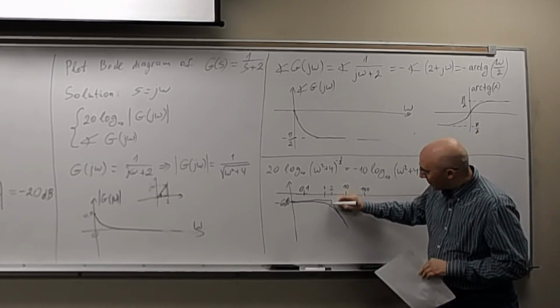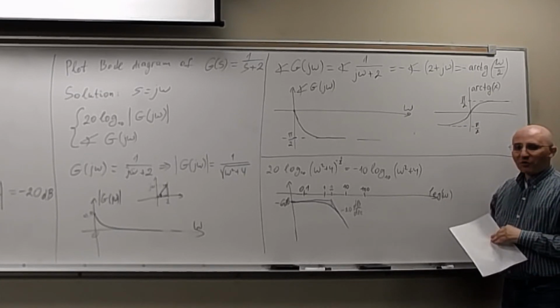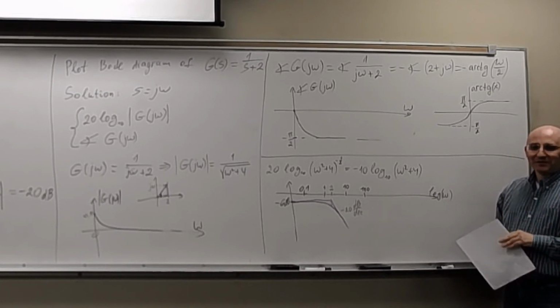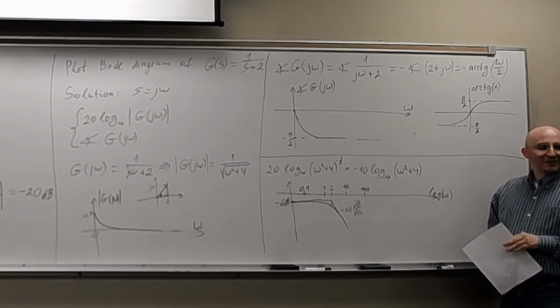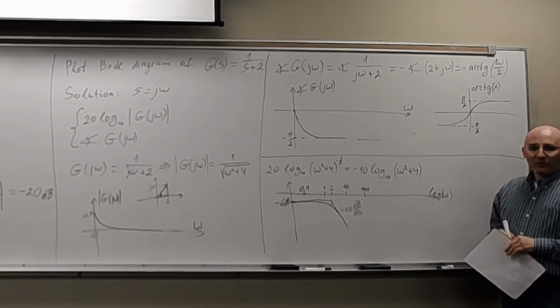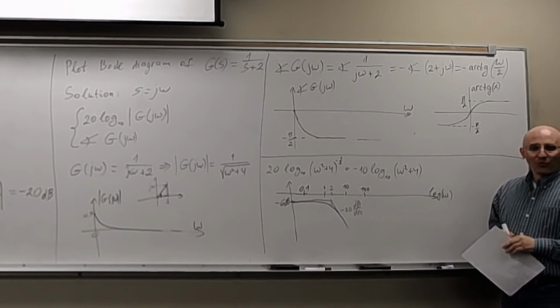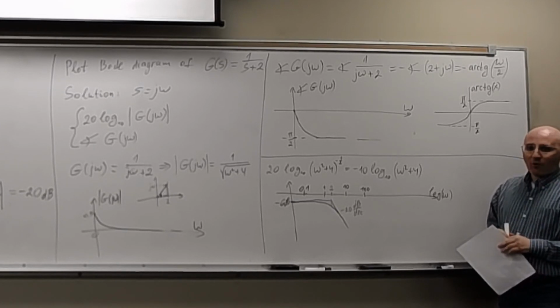That distance, interestingly, is always 3 dB. Have you heard about the 3 dB distance in amplifiers and other circuit courses? That bandwidth is defined by the 3 dB point.